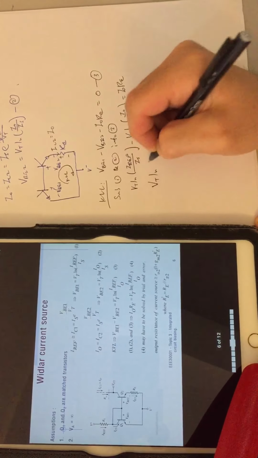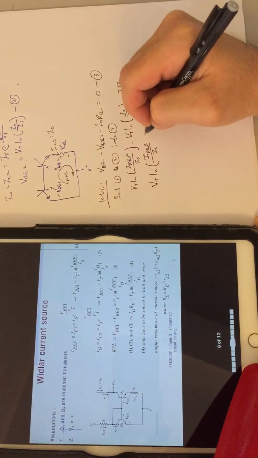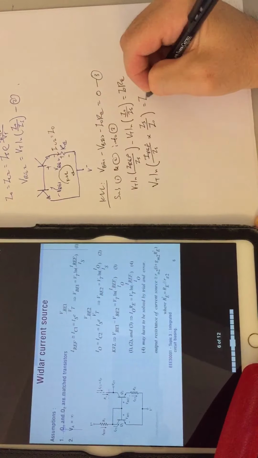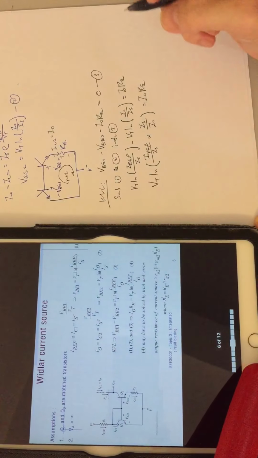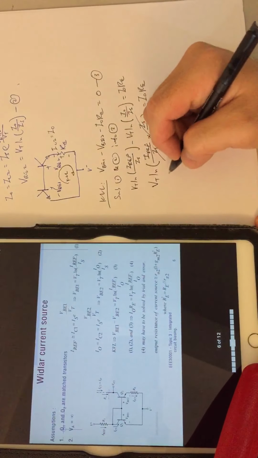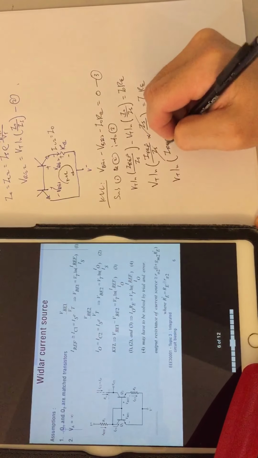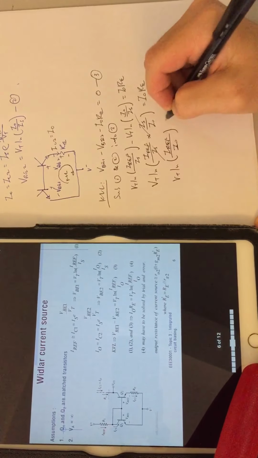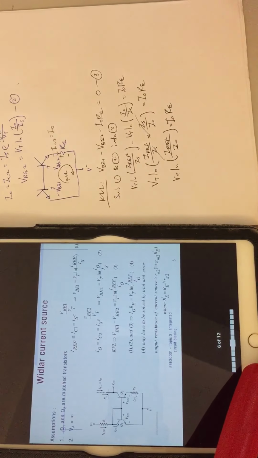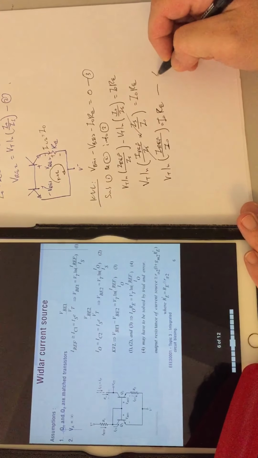So it's VT ln of I reference over IS multiplied by IS over IO equals IO RE. So IS in the equation cancels off. That's why we have VT ln of I reference over IO equals IO multiplied by RE. So that is equation number 4 we have.